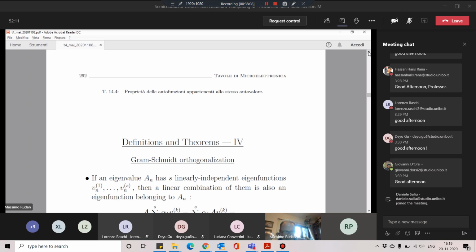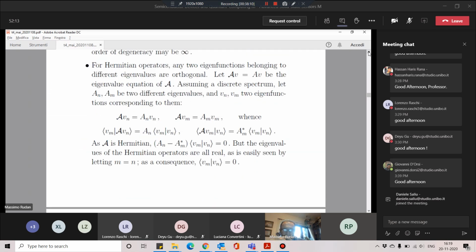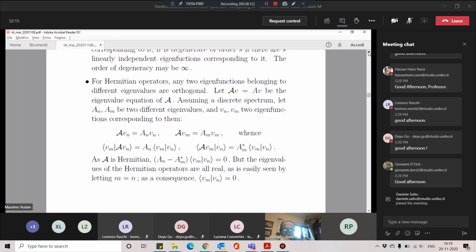There is a point. Assume that the eigenvalues are degenerate. Okay, so to eigenvalue a_n there correspond several eigenfunctions V_n that are linearly independent from each other.